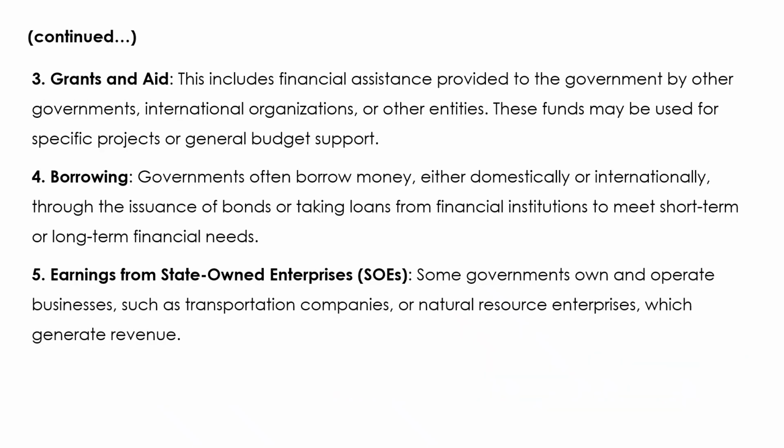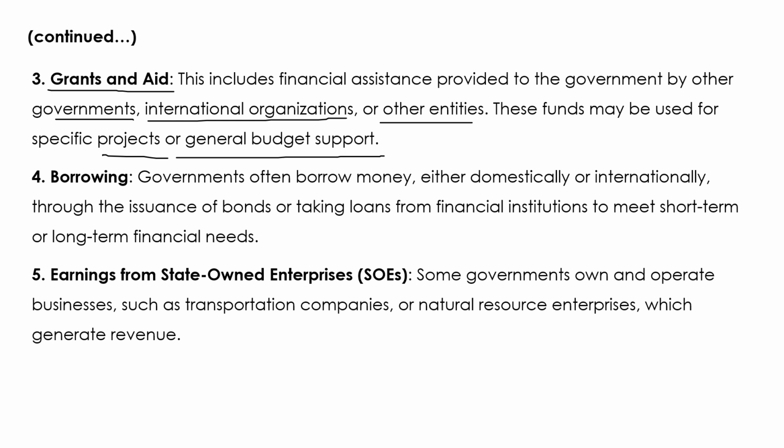And next one is grants and aid. This includes financial assistance provided to the government by other governments and international organizations or other entities. These funds may be used for specific projects or general budget support.